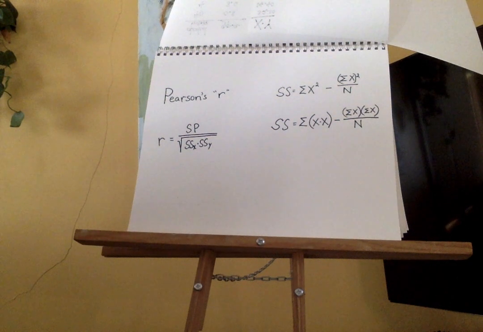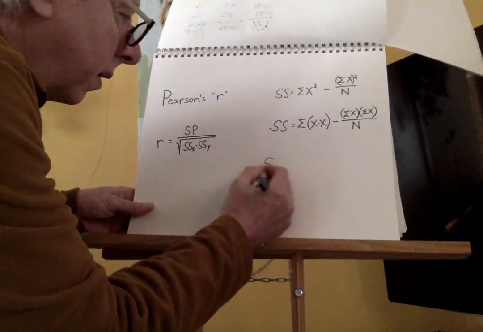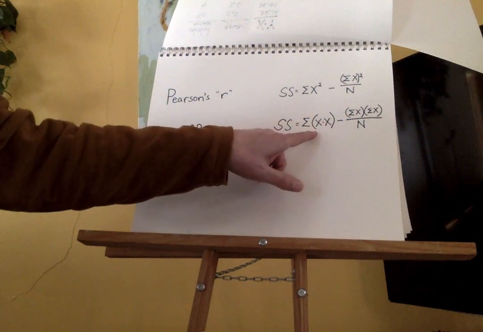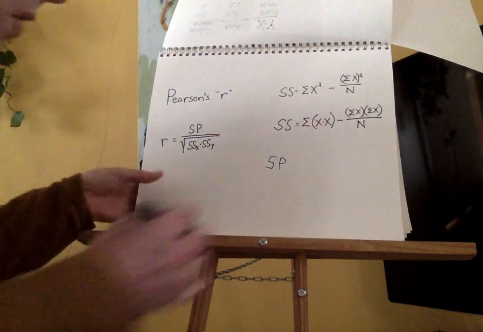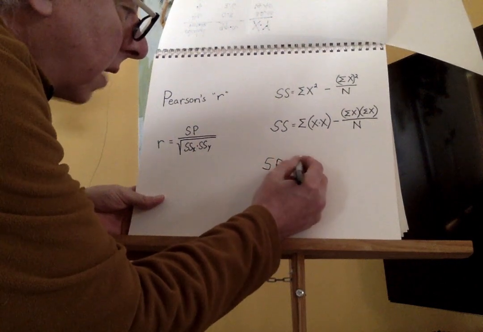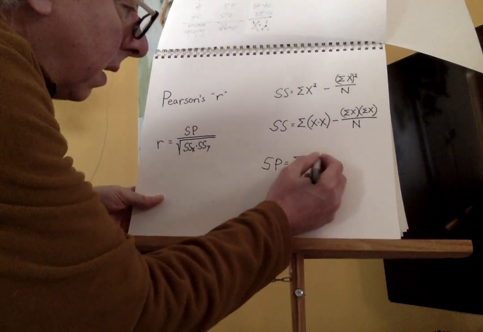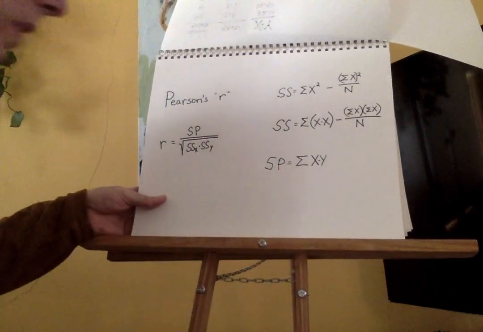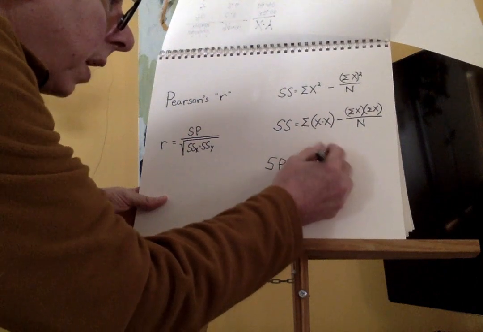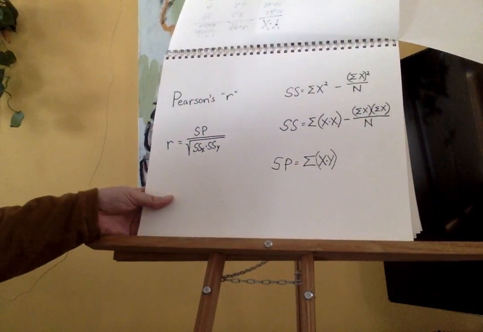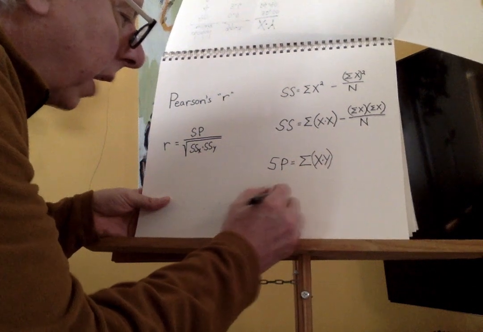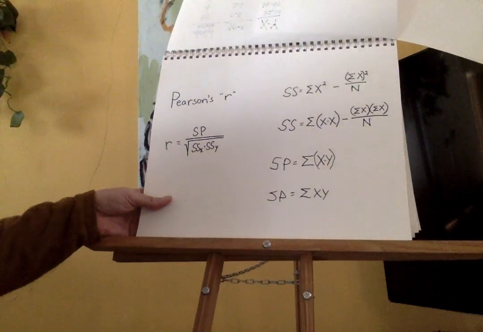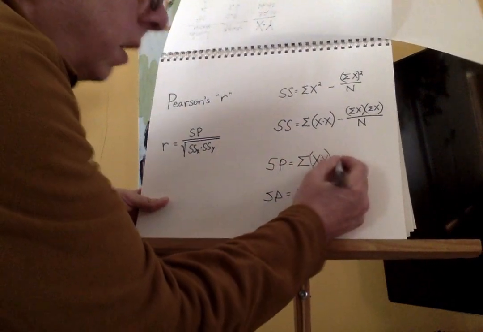The sum of products now is really interesting, because what we're going to do is just replace one of these x's with a y. So instead of the sum of x times x, we're going to do the sum of x times y, okay? And we can do this if we want. It's usually written like this. Then over here, I'm going to do the same thing.